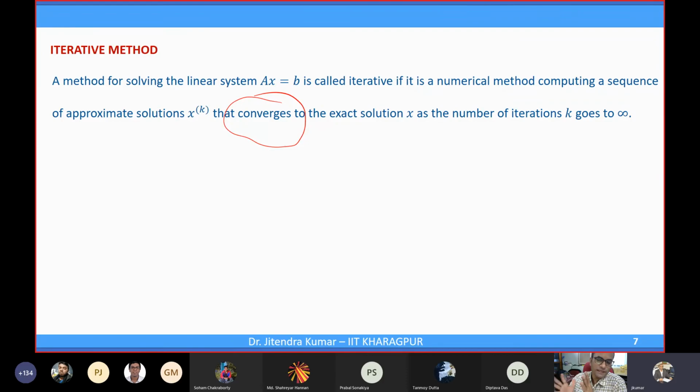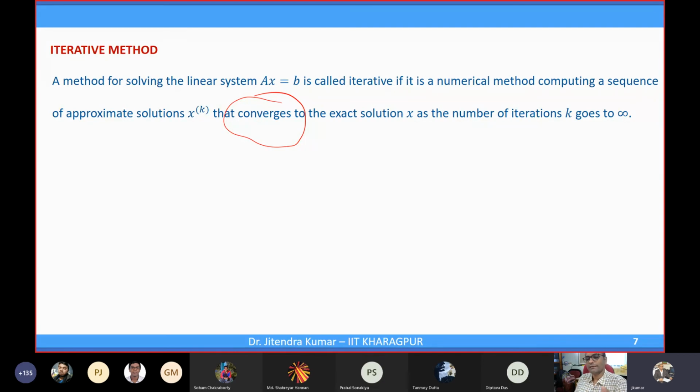Because then only is that scheme reliable, right? Then only can you expect that a large number of iterations will give a better solution, because you know that when the number of iterations goes to infinity, you will get the exact solution. In practice, you will not be going for infinity. There is nowhere infinity, so you cannot get to that.